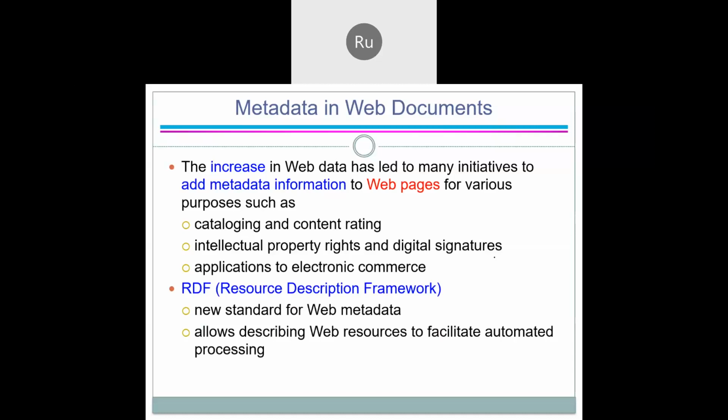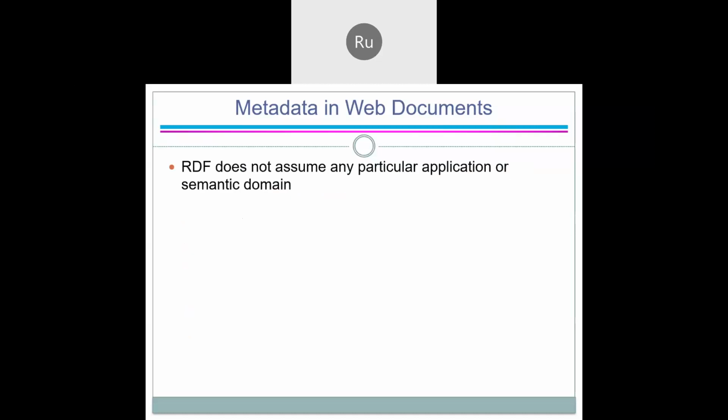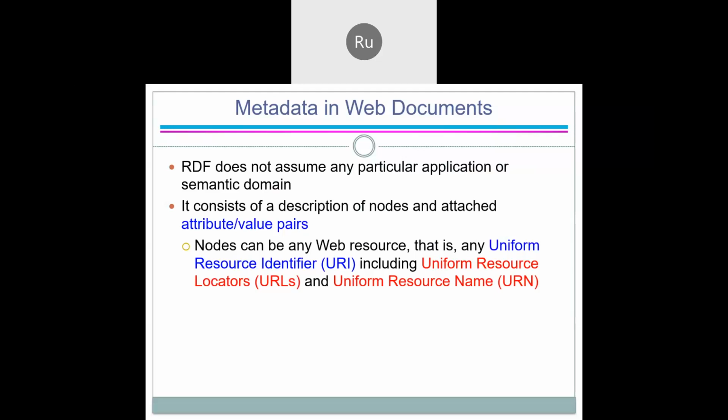This is to automate the processing, meaning that you know who is the owner, when the website was created or published.